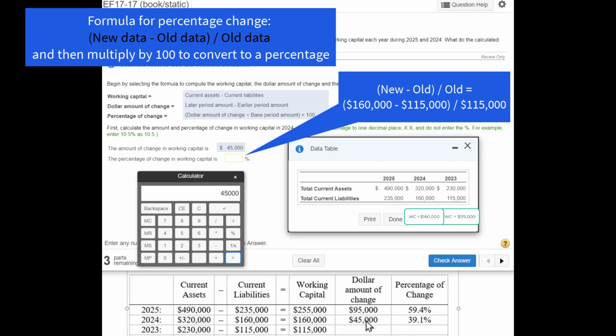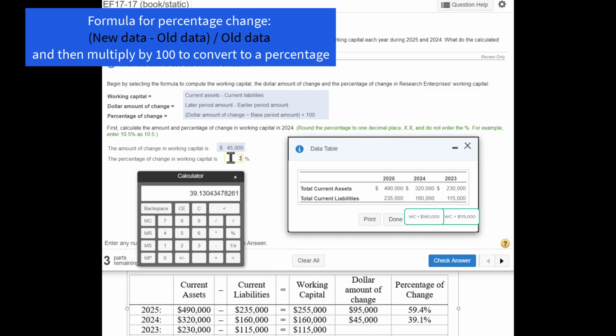So this is new minus old divided by old, which is 115,000. 45,000 divided by 115,000, times 100 to convert it to a percent, gives us 39.1%, which is also written here. And remember, it says round the percentage to 1 decimal, so 39.1%.